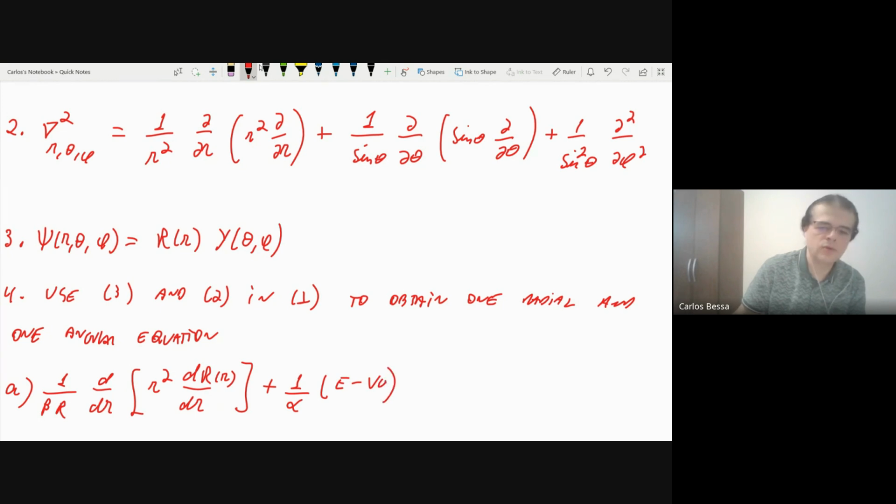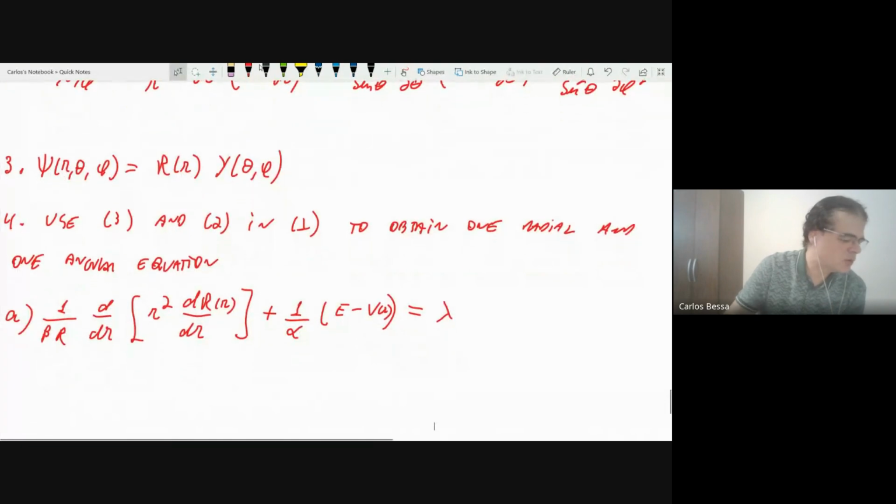If I have no mistake, this is the expression. So this is equal to a lambda, that's a constant, the separation constant.